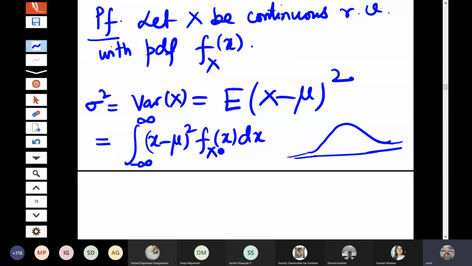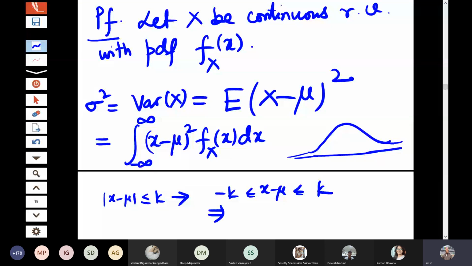And if I am considering this region, mod x minus mu greater than or equal to k or less than or equal to k, what does it mean? Let me just explain this. Minus k less than or equal to x minus mu less than or equal to k, which is the same as mu minus k less than or equal to x less than or equal to mu plus k.